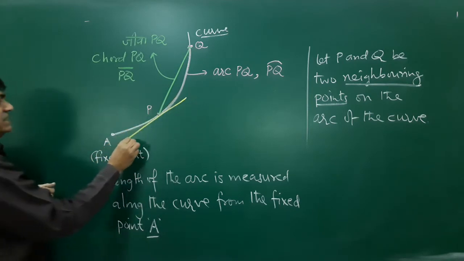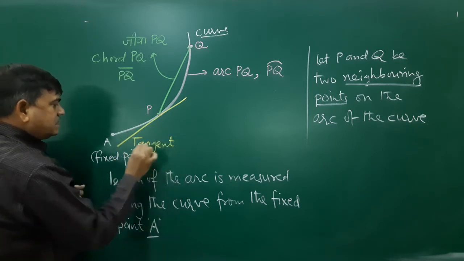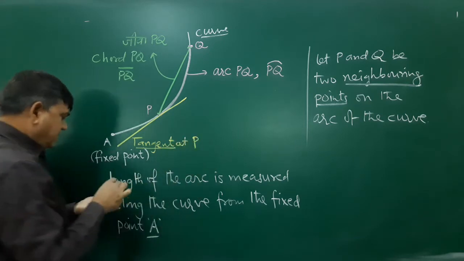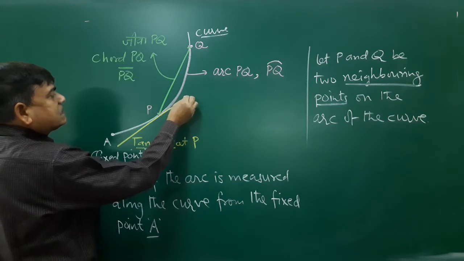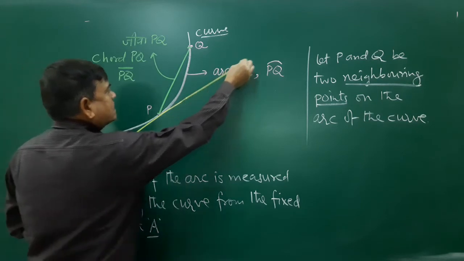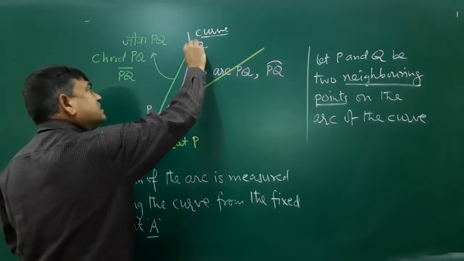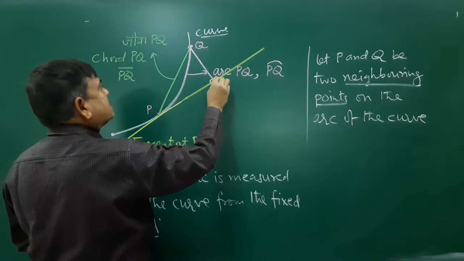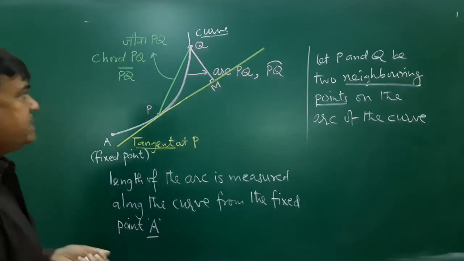Suppose this is the tangent. Tangent at P, I just proceed this and drop the perpendicular. Suppose this point is M, for example. Okay.